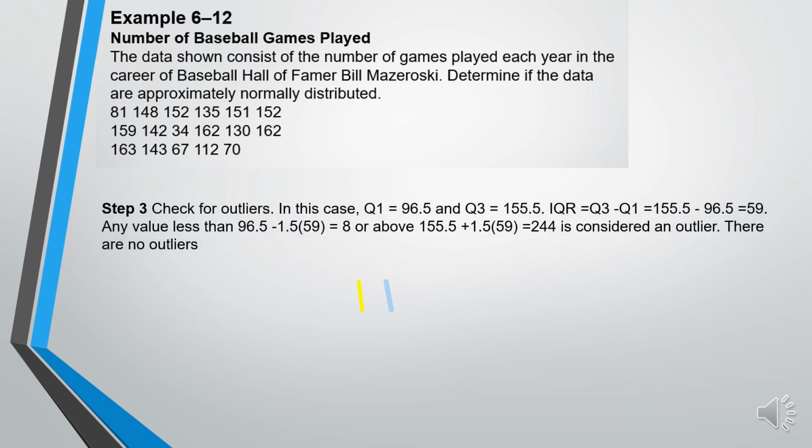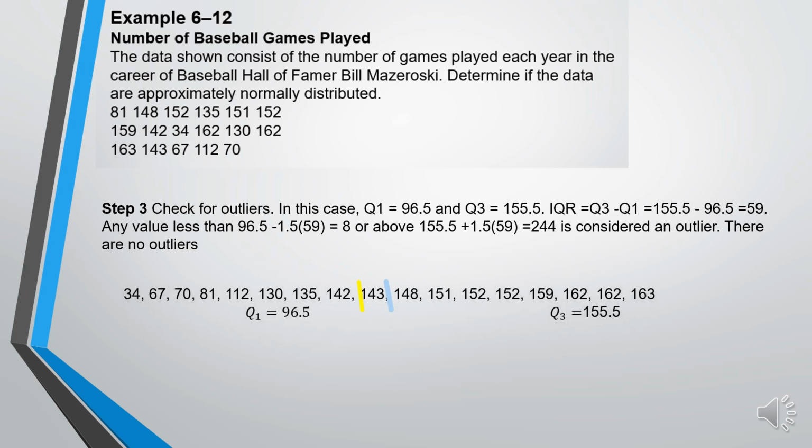Step 3. Check for the outliers. In this case, quartile 1 is equal to 96.5 and quartile 3 is equal to 155.5. So how did we come up with these values? We just arrange the given data from the lower value to the higher value. Then we find the center of the given data. So the center is 143. Then we divide it into 2.